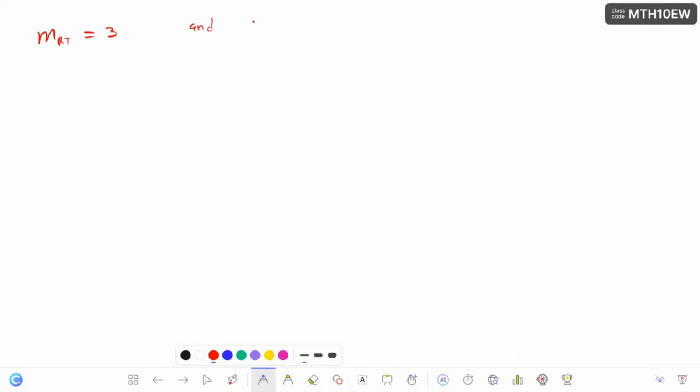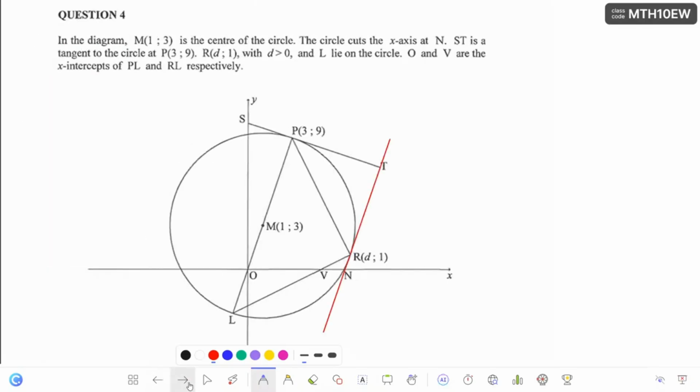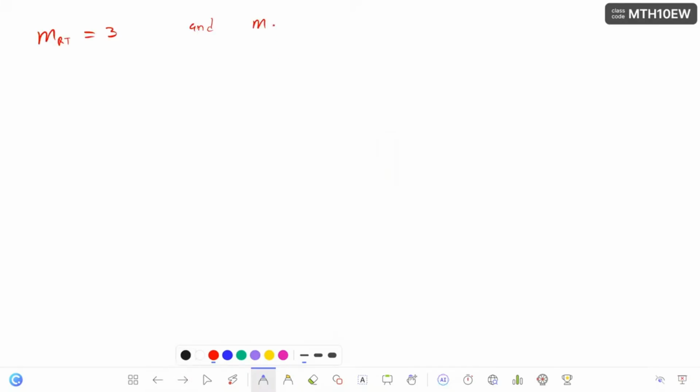And we know the gradient of ST, which is -1/3. So I'm saying if RT is perpendicular to ST, when we multiply their gradients, they need to give us -1. So let's check if multiplying the gradients of both lines is going to give us -1.